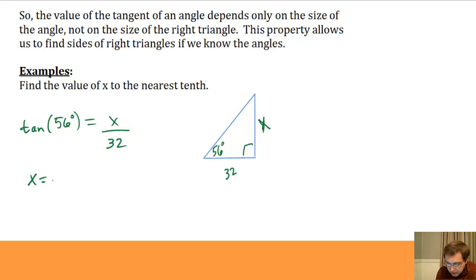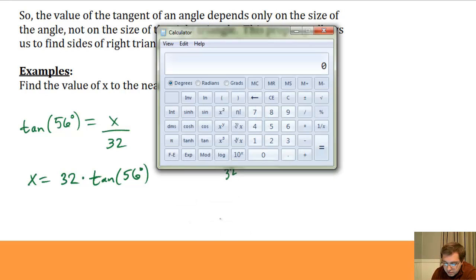So x would then equal 32 times the tangent of 56 degrees. Now we can actually find the tangent of 56 degrees. A simple calculator will do that for us. Notice the tangent button right here in orange.